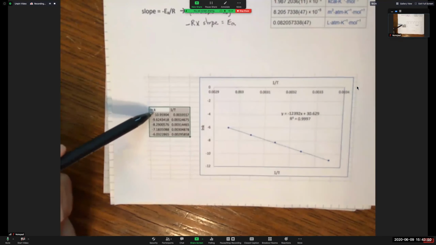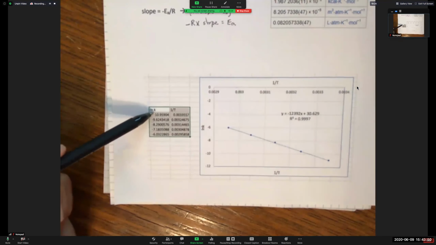So anyway, I finally did get it, so I just put it in here. This is what the plot looks like of the log of the rate constant versus the inverse temperature. It's a nice straight line, just like it should be. The R squared, which is called the correlation coefficient, is 0.9997, which is very good.